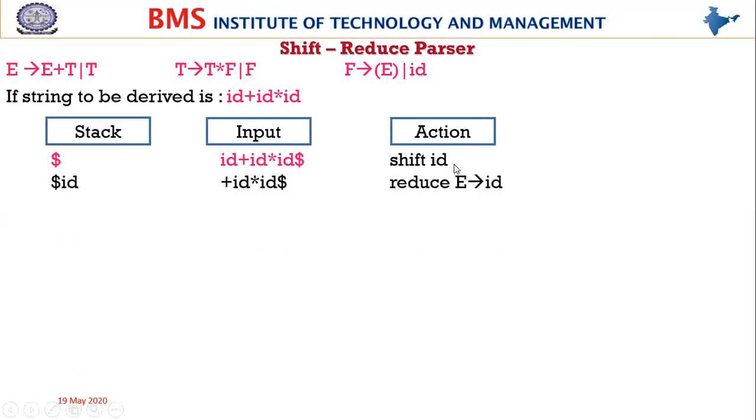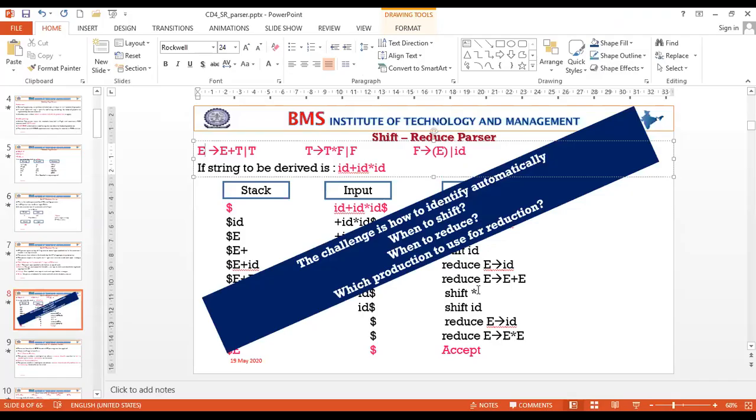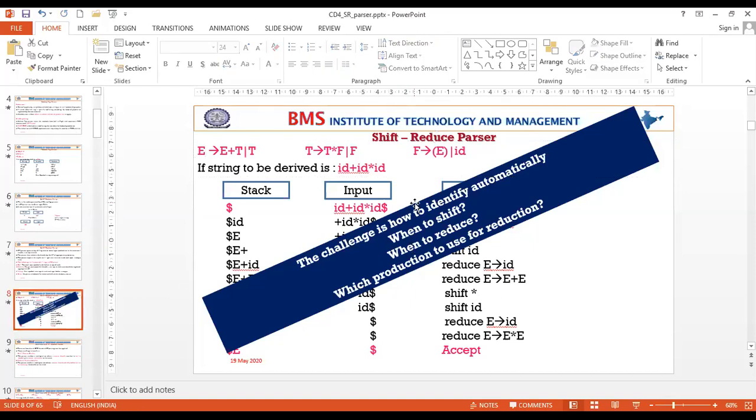So I got ID on the stack, and you can observe that I have marked the initial state and similarly the final state later in a different color so that we can differentiate. Please observe, when I shifted, the ID is taken out from the input and placed onto the stack. Now on the stack, your handle is ID. Do I have an appropriate production to replace it? Yes, I do.